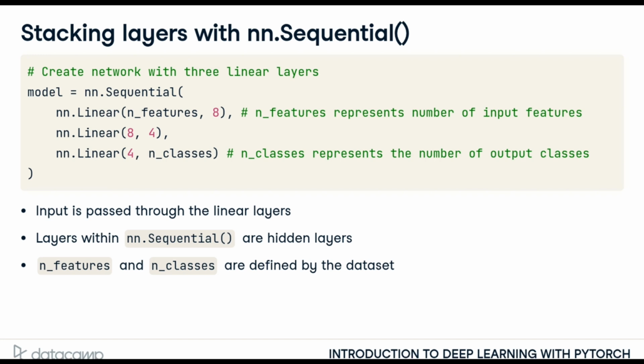Here, the first argument in the first layer represents the number of input features, n_features. And the last argument in the final layer represents the number of output classes, n_classes, both defined by the dataset.